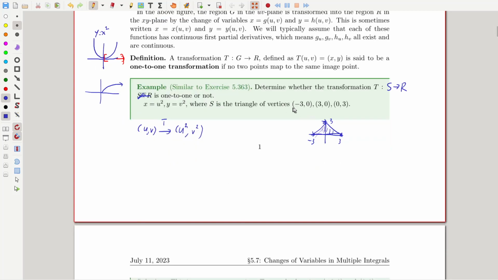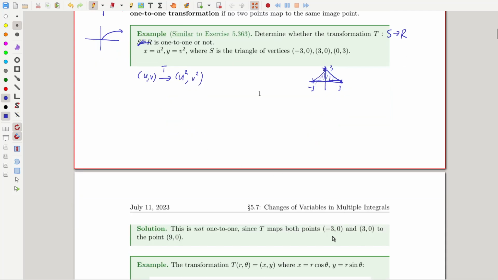So what you can notice is if you actually map the point minus 3 comma 0 as well as the point 3 comma 0 under this, both of these points will get mapped to the point 9 comma 0. Right? You square the u coordinate to get the x coordinate. You square the v coordinate to get the y coordinate.